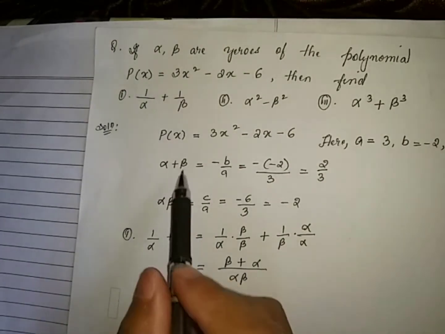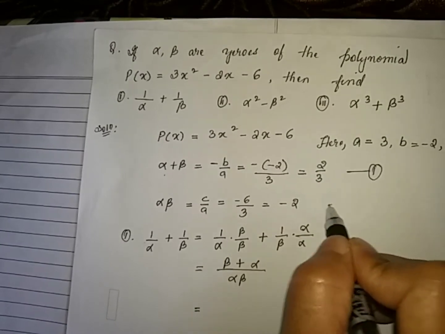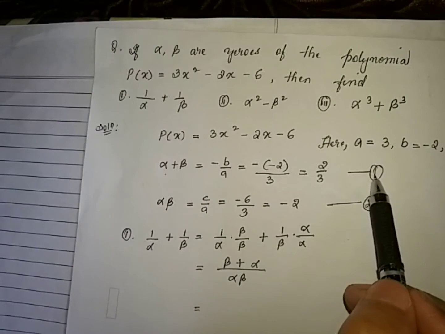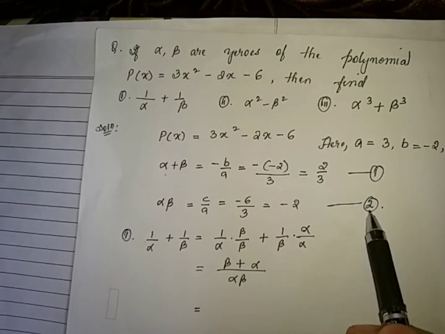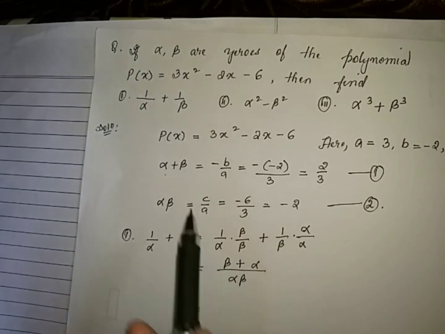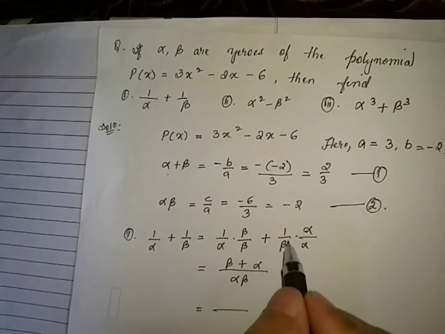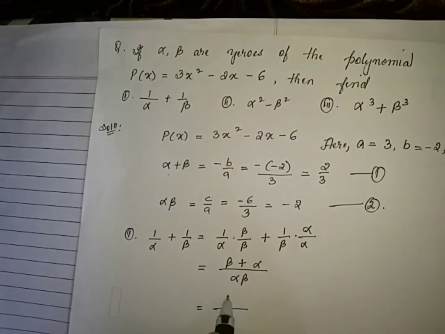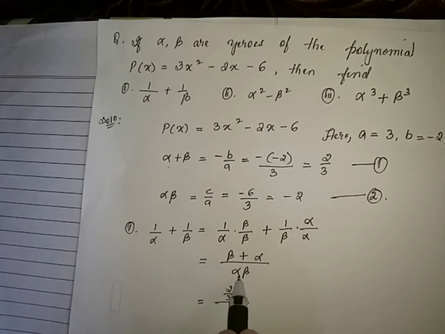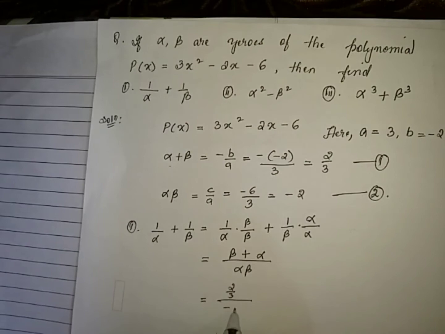Now we'll make use of these two equations. Let me name this equation as number 1 and this as number 2. Let's substitute for beta plus alpha, which is the same thing as alpha plus beta. This will be 2 by 3, and the product alpha into beta, which is minus 2.